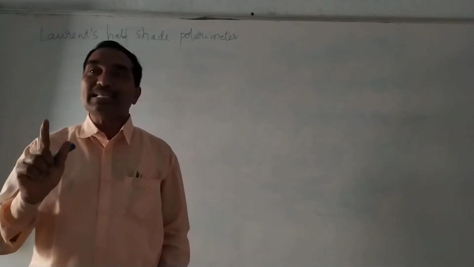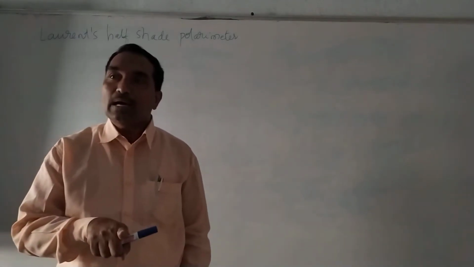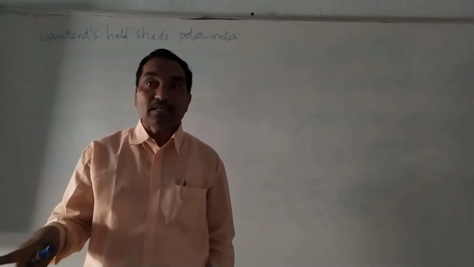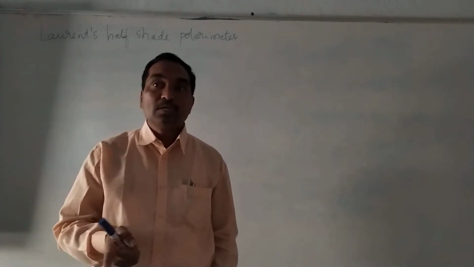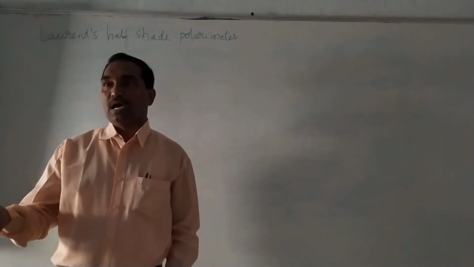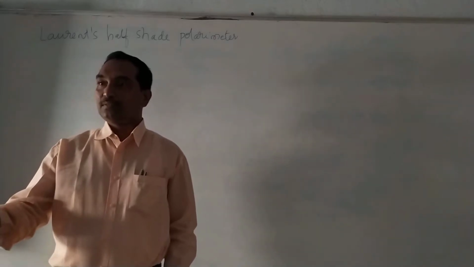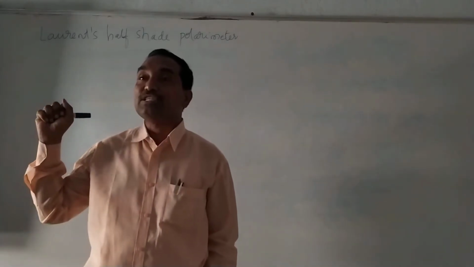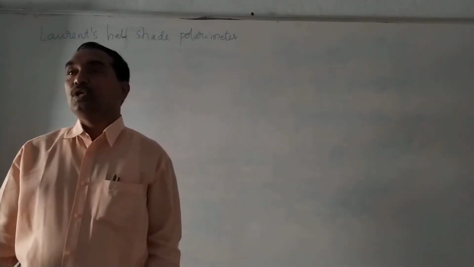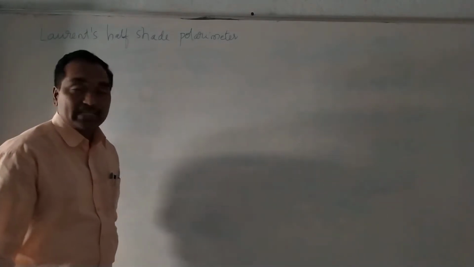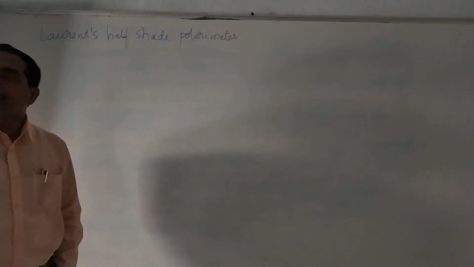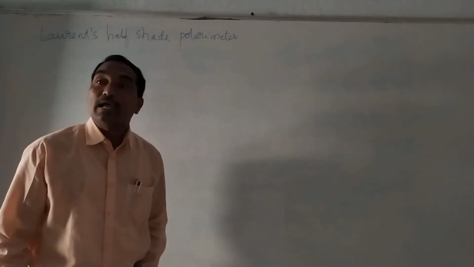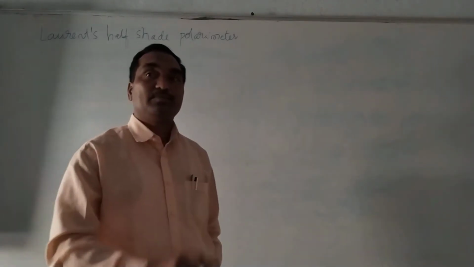So, the polarimeter is used to determine the concentration of the liquid, the angle of rotation, or maybe the specific rotation. Lorentz is the name of the scientist who designed one of the polarimeters, called the Lorentz half-shade polarimeter.